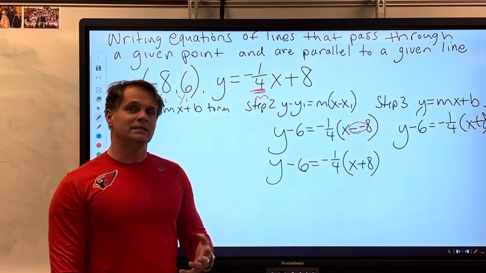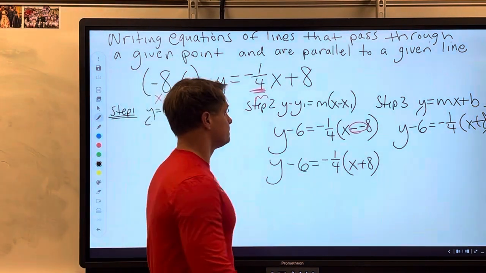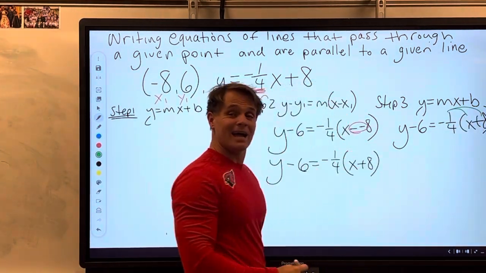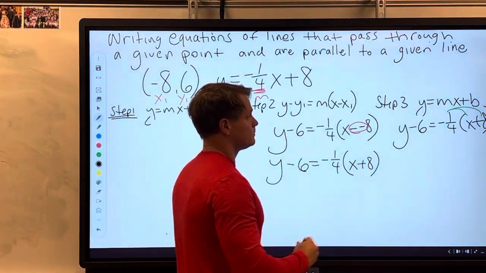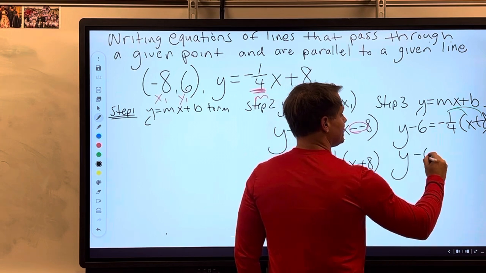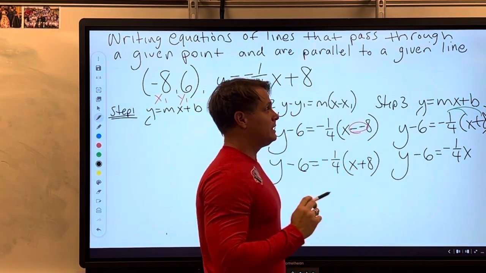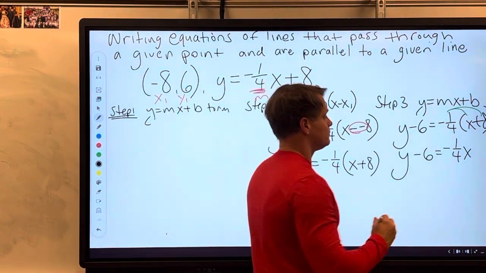I have to do what I did in the last 3 problems first. I have to do the distributive property. So I'm going to multiply -1/4 times x and -1/4 times 8. y minus 6 equals -1/4 x. -1/4 times +8 is -2.